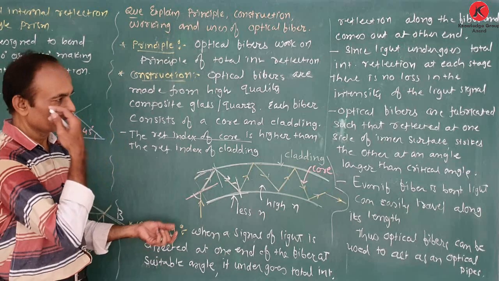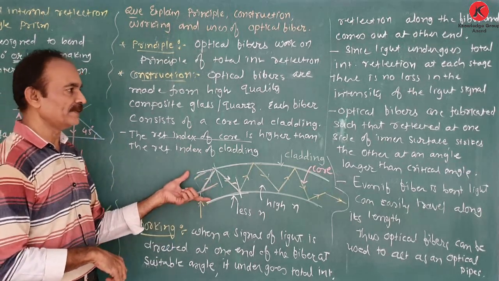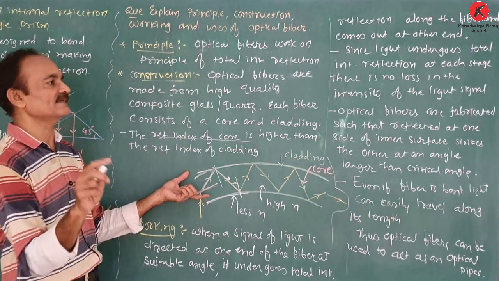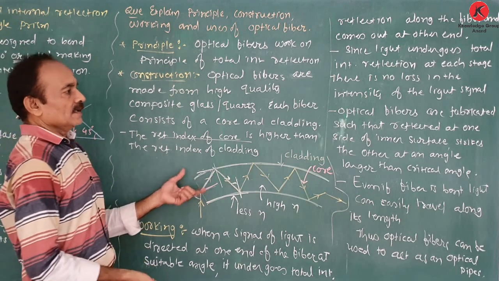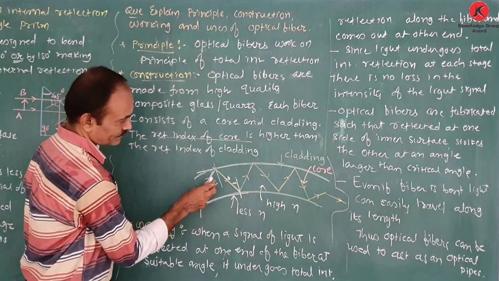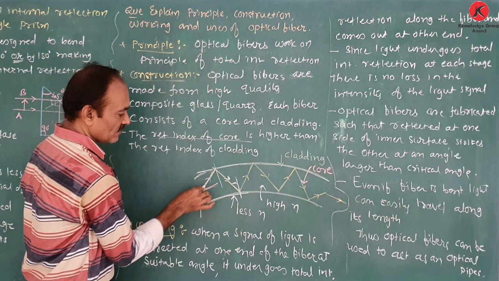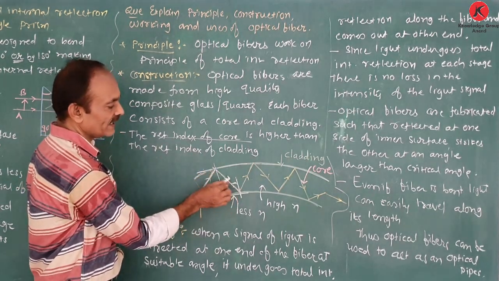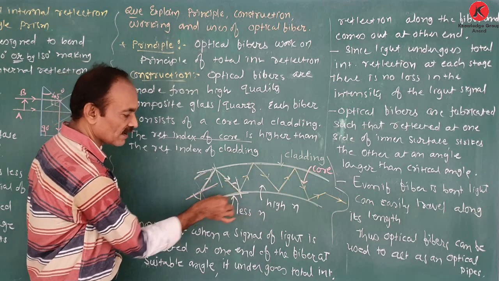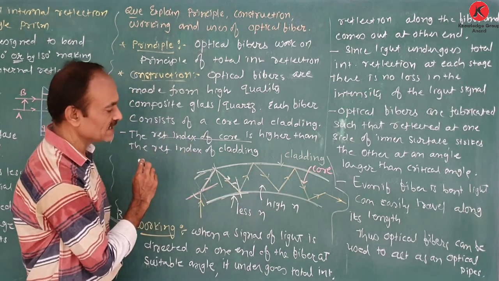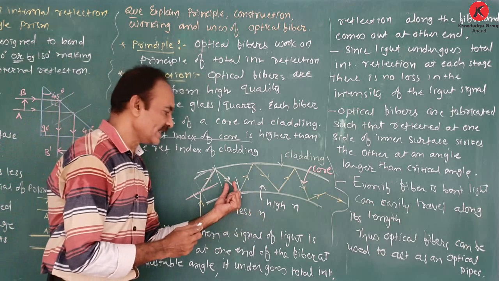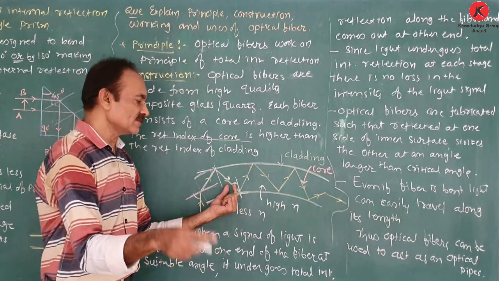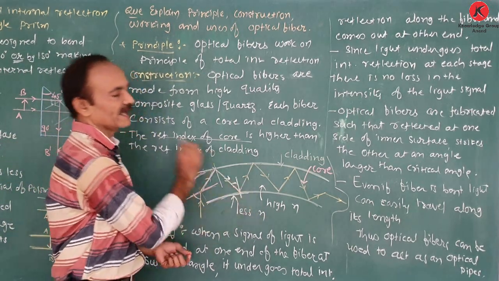Again, you understand that optical fibers are fabricated in such a way that light is reflected at one side of the inner surface and strikes the other surface at an angle larger than the critical angle.